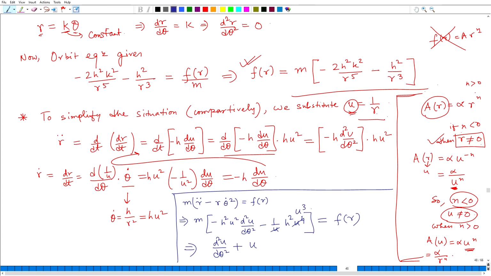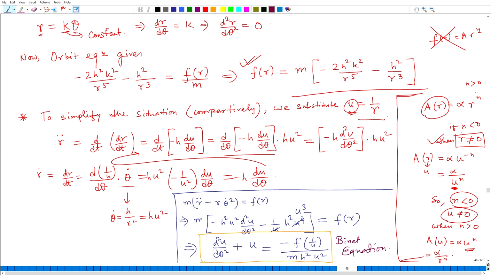So it will be u cubed. So d2u/dθ² plus u is equal to minus f(1/u) by m h² u², where I am just writing r as 1/u. This equation is of substantial interest in the case of central motion. And this equation is known as Binet's equation.